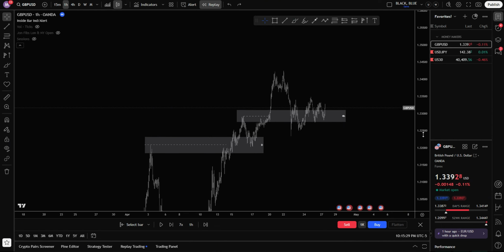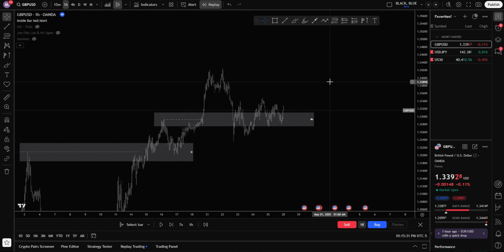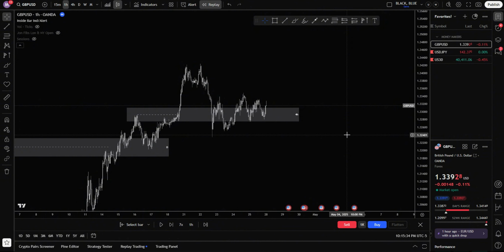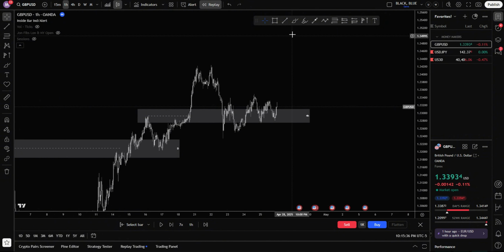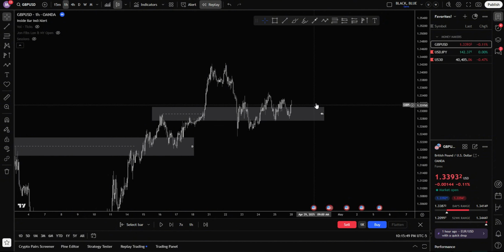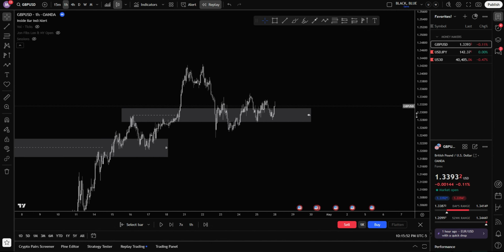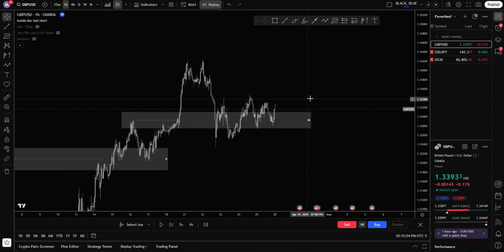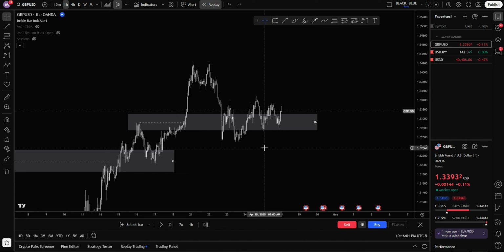What I wanted to see is price push up from here, because sometimes when price comes into a support zone, what it wants to do is usually break that support, come above, retest, and then continue. What I saw is price playing around, creating market manipulation, and I saw this as an opportunity.